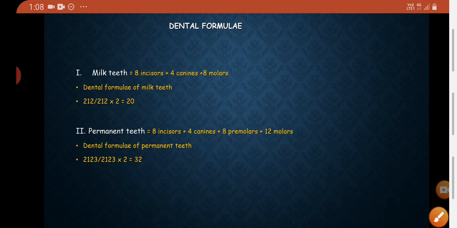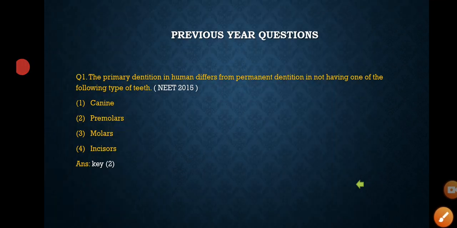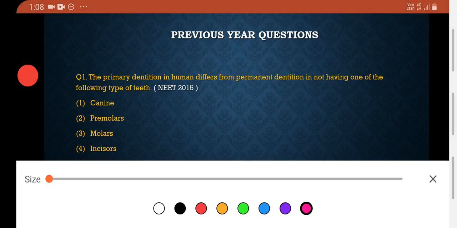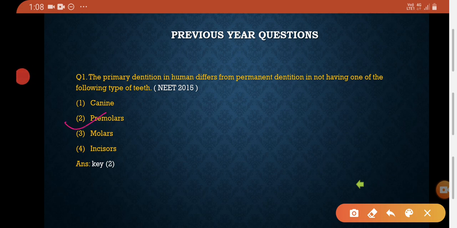The options given were canines, premolars, molars, and incisors. So the answer will be premolars, because primary dentition doesn't contain premolar teeth. Option number 2 is the correct answer.